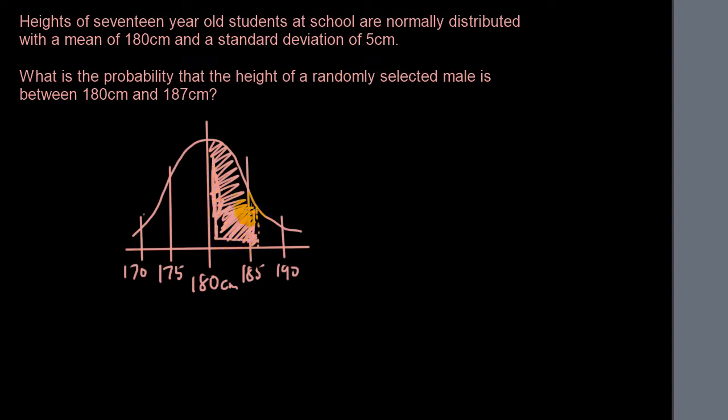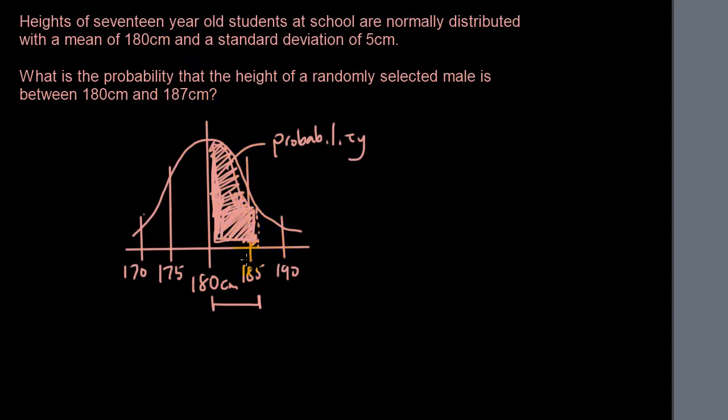Because the area underneath a bell curve, this area, is the probability of a randomly selected person being between 180 and 187. So if we can somehow find this area, then we can find out the probability.